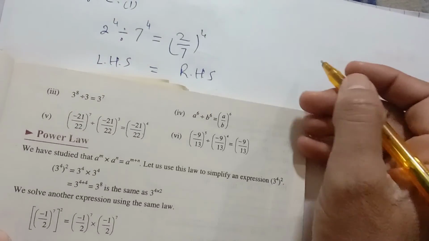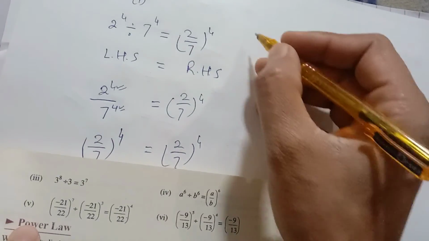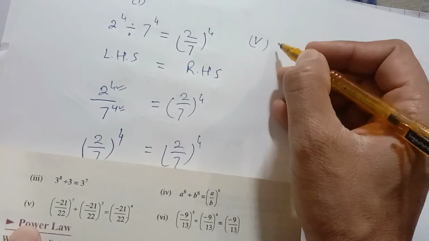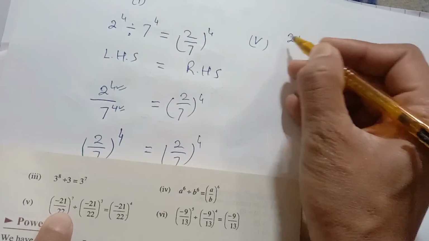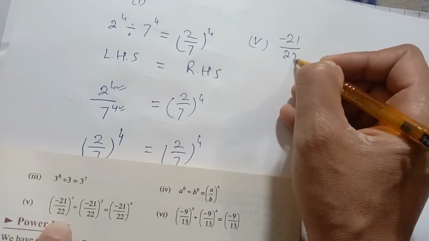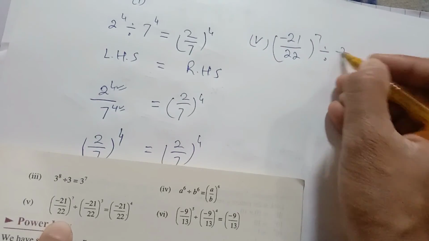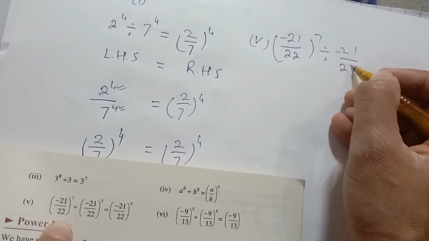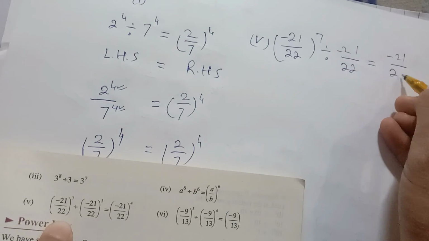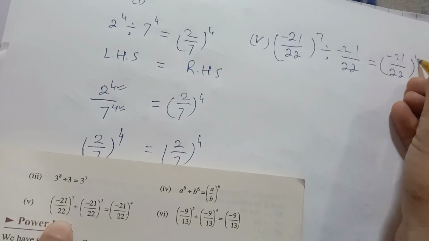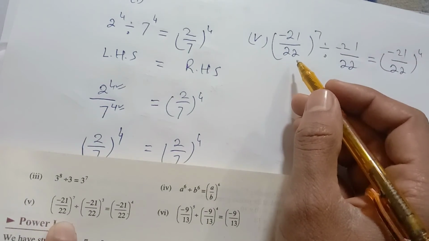Now I want to discuss question number 5 here. Listen, question number 5: minus 21 over 22 whole power 7 divided by minus 21 over 22 whole power 3 is equal to minus 21 over 22 whole power 4. Now listen and watch again.